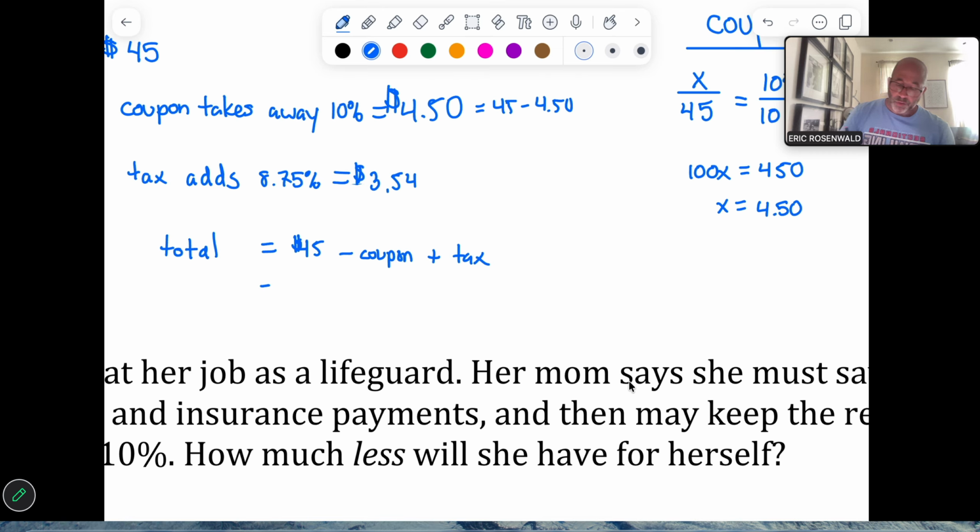So with our $45, we're going to take off $4.50, and then we're going to add $3.54. And we end up with a total of 45 minus 4.5 plus 3.54. She is going to pay $44.04 when all is said and done.